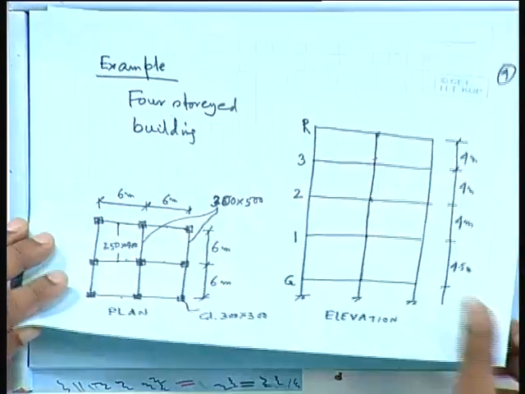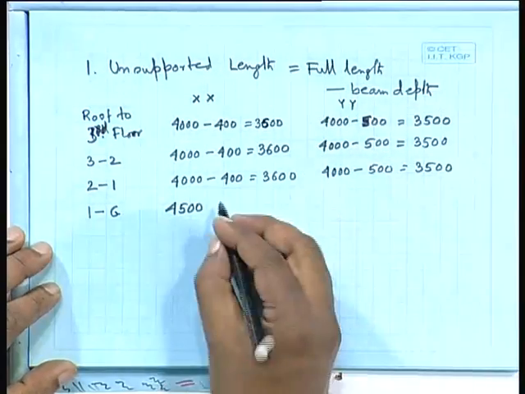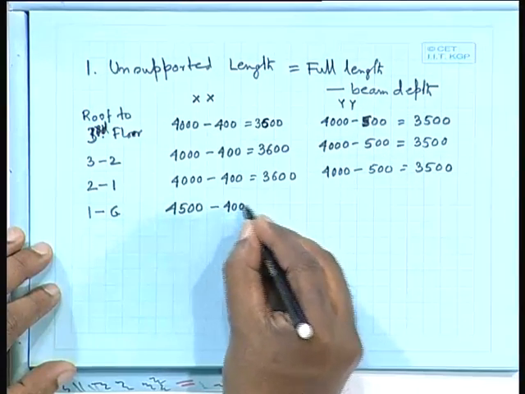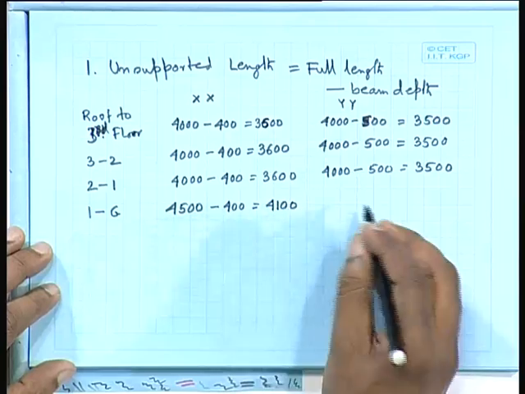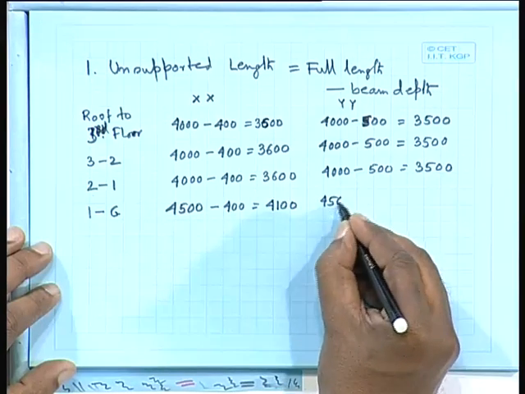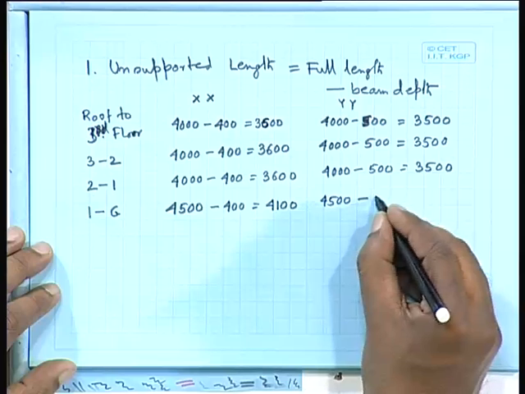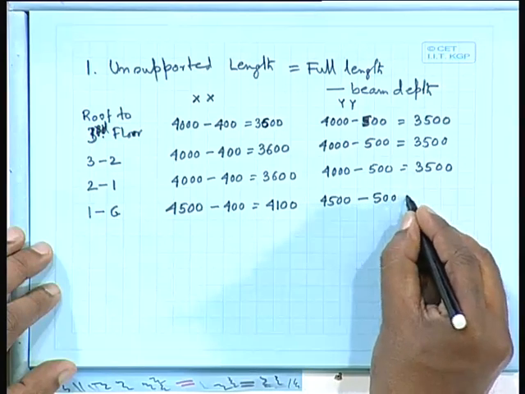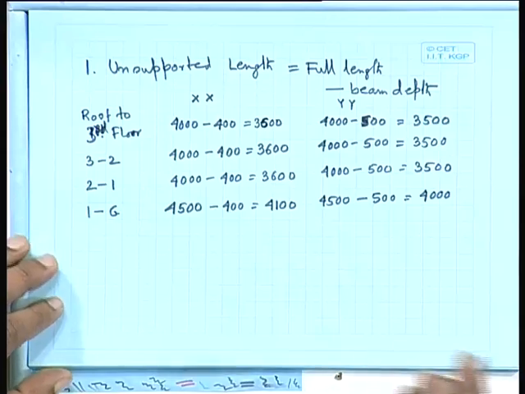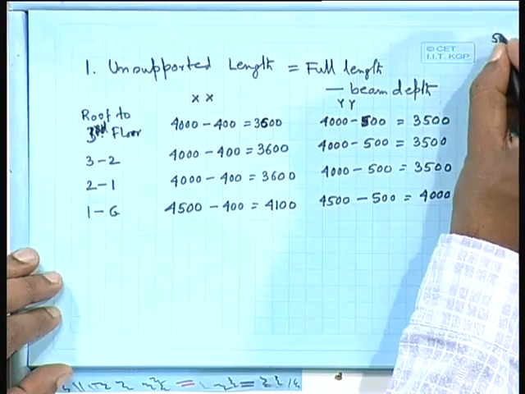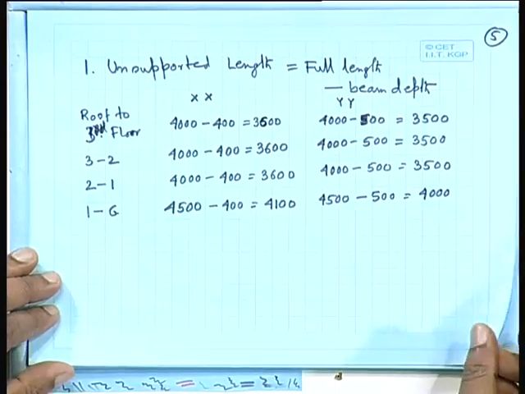So 4500 minus 400 comes as 4100, and 4500 minus 500 comes as 4000. This is your unsupported length.